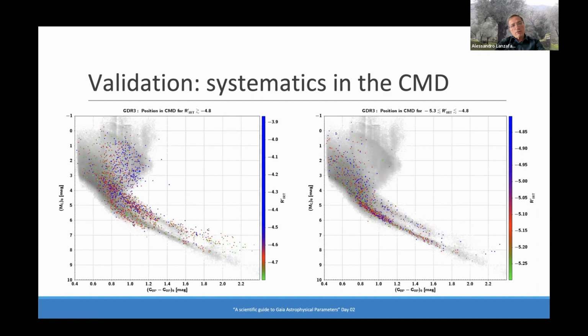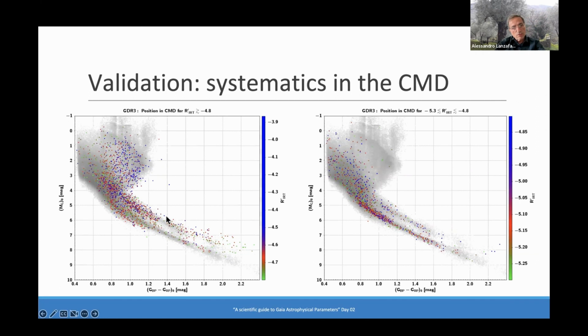But you see that for high values of R prime, we have stars that are here in the subgiant branch where we expect active RS-CVN stars, or here in the region where we expect binary stars or pre-main sequence stars.